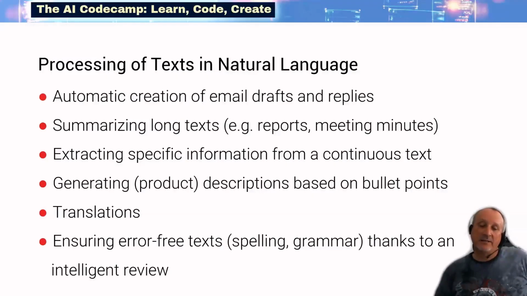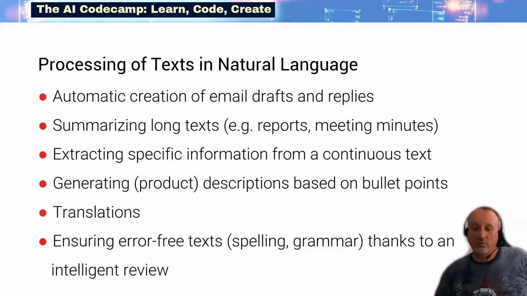We can extract specific information from a longer continuous text. We can generate descriptions based on bullet points, for example, for writing a product description. And of course, we can use it to translate from one language to another.